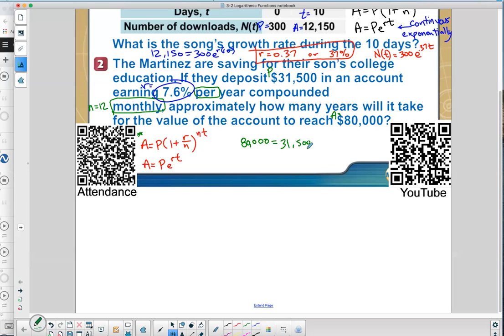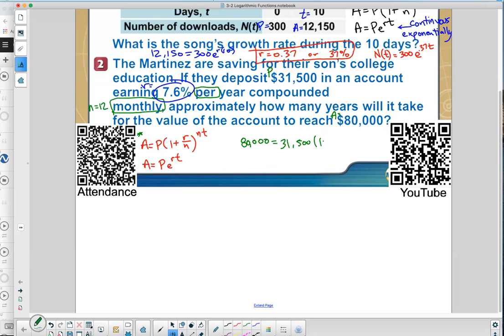That's the P. So basically, a family has 31,000. That's how much money they have stored up in an account. We want it to grow to become 80,000. We're going to see how long it will take for it to grow that much. So it's got to more than double.